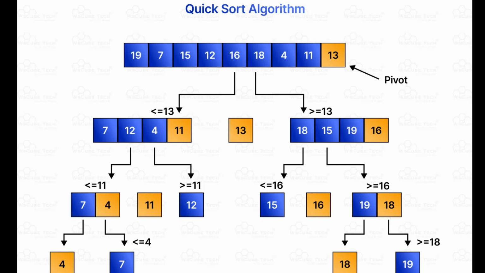A highly efficient sorting algorithm that follows the divide and conquer paradigm. It selects a pivot element and partitions the other elements into two sub-arrays according to whether they are less than or greater than the pivot. It has an average time complexity of big O n multiplied by log n.